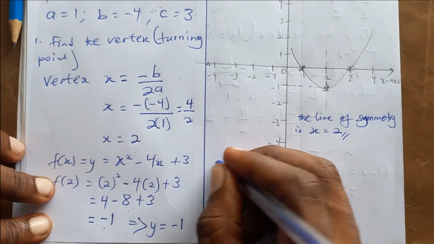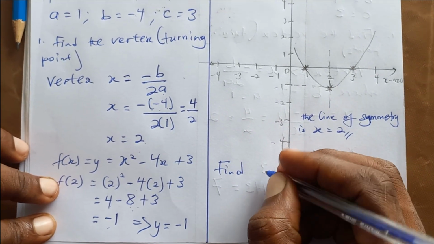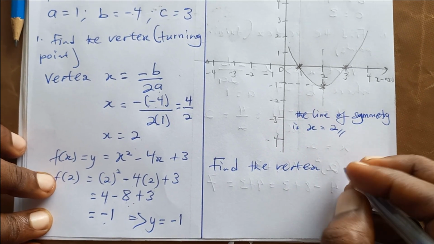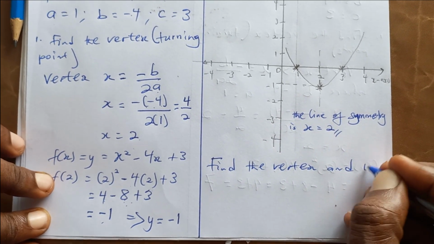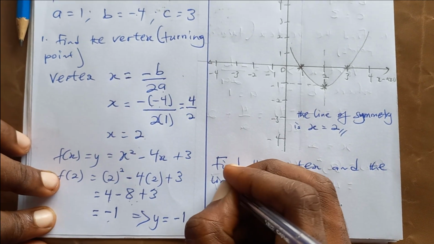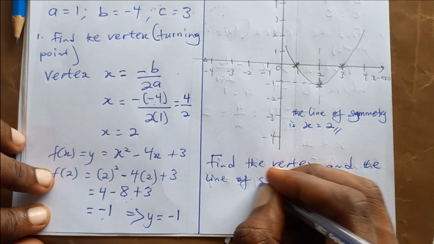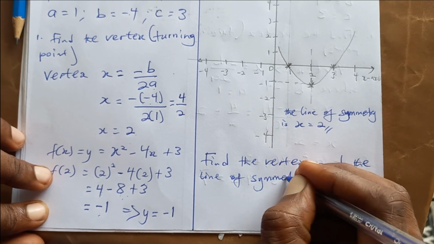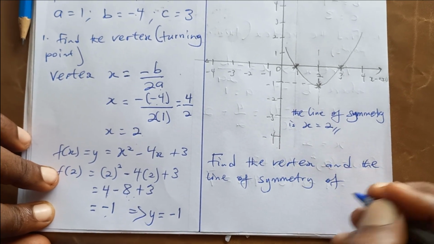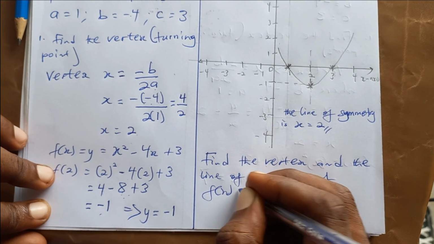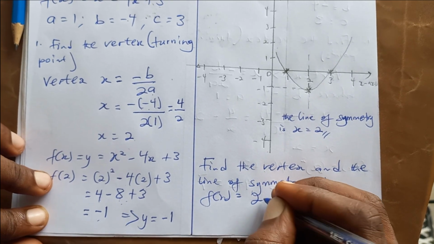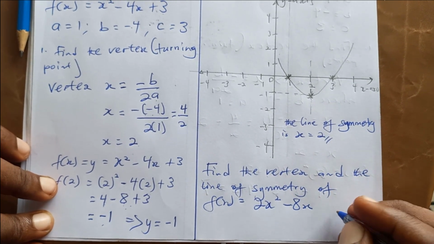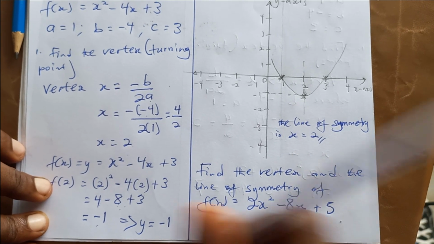You have to find the vertex and the line of symmetry of f of x is equal to 2x squared minus 8x plus 5.